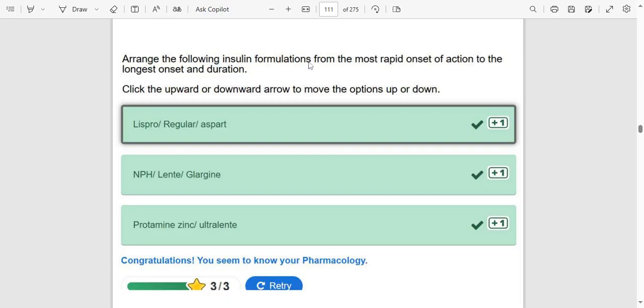So this is the arrangement from the most rapid: Lispro, Aspart, and the regular. NPH, Lente and glargine, you can see that's intermediate. And then the slow acting protamine zinc and Ultralente. That's this SUP.